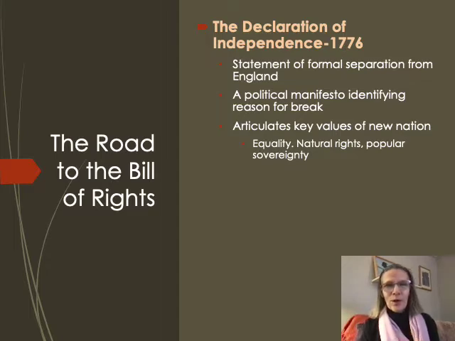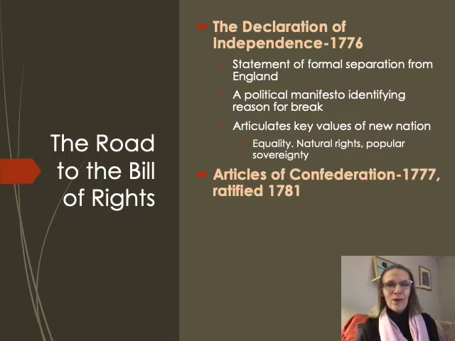It's important to refresh your memory on that, because those natural, inalienable rights that all individuals have are basically the foundation for what gets enumerated in the Bill of Rights.